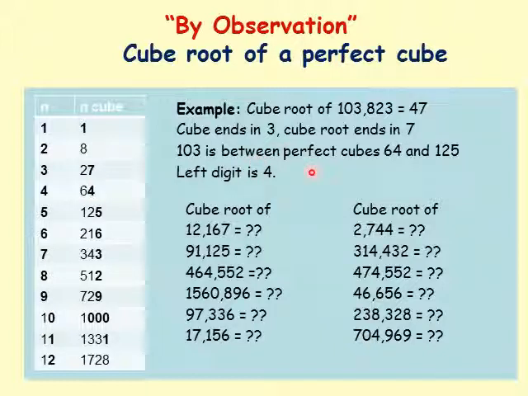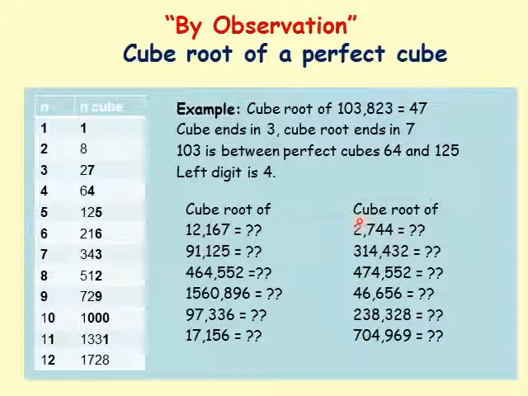All right, now let's try some more examples from the list here. 2744. First we split into two groups, right group and left group. Then we take the 4 here and come back to the table. Cube of 4 is 64 and has a 4 in the rightmost digit. So the cube root of 2744 has a 4 in the units place.